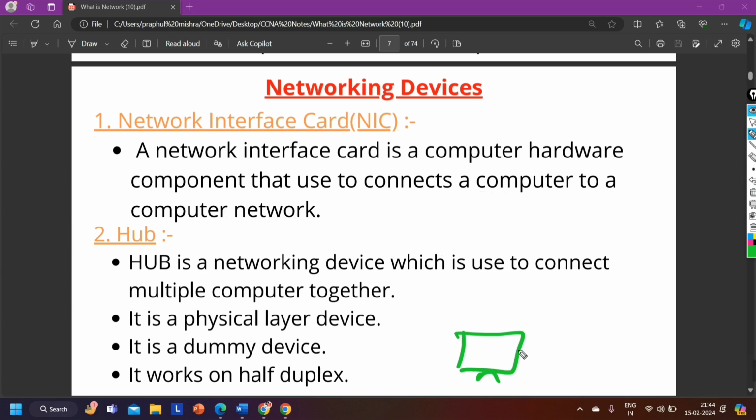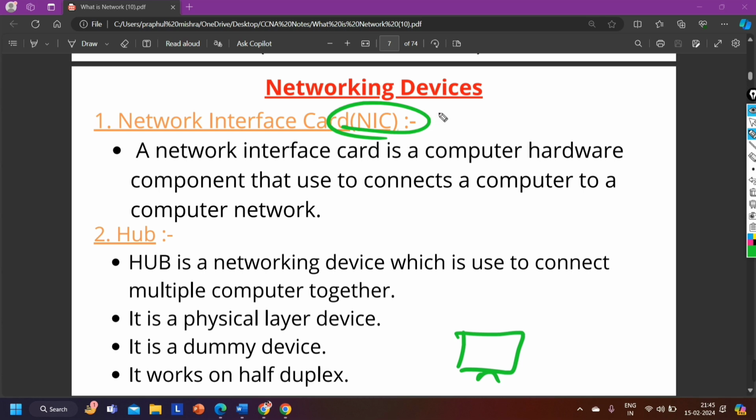You need an interface, yes or no? You need a port. You can say port or interface, both are the same. Getting my point? That is called NIC, network interface card. Each networking device should have a NIC, right? Then only we can connect that device to the network. Without a NIC card, we cannot connect a device to the network.